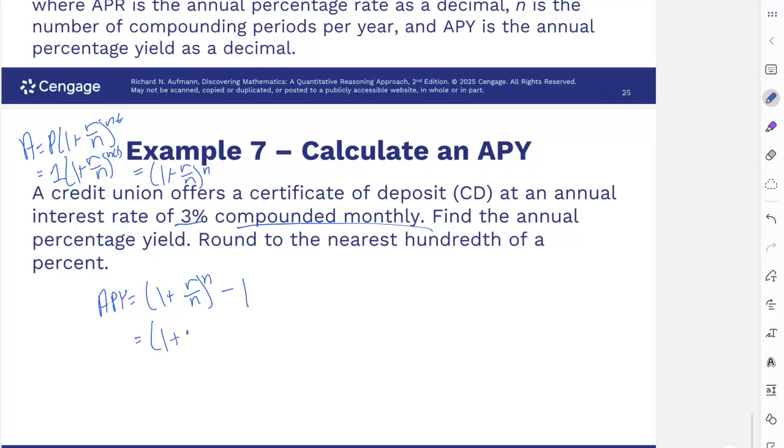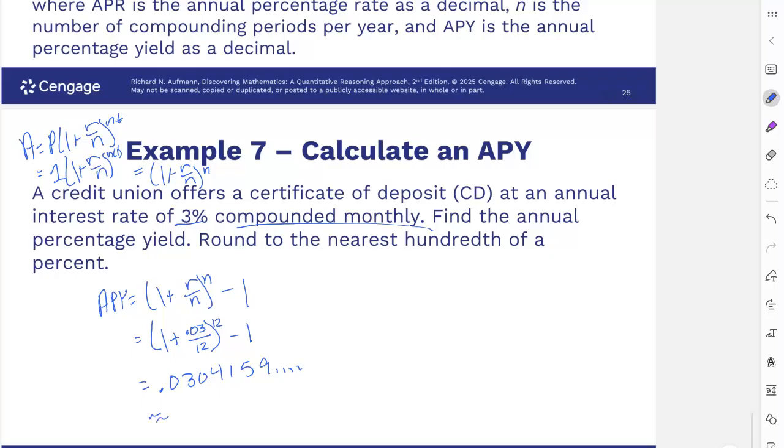So let's figure out what that would be here. So interest rate is 3%, compounded monthly, so that's 12 times a year. And then we're going to subtract the 1. And I got 0.0304159 and some change.